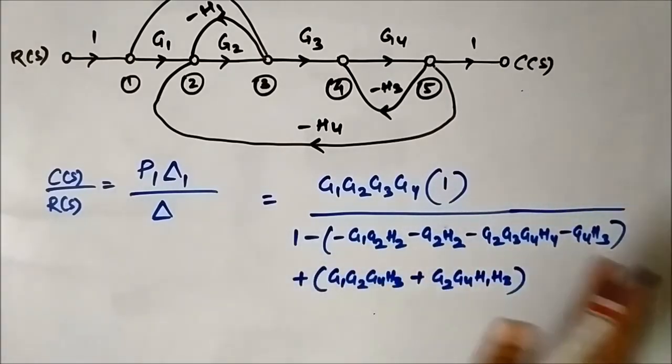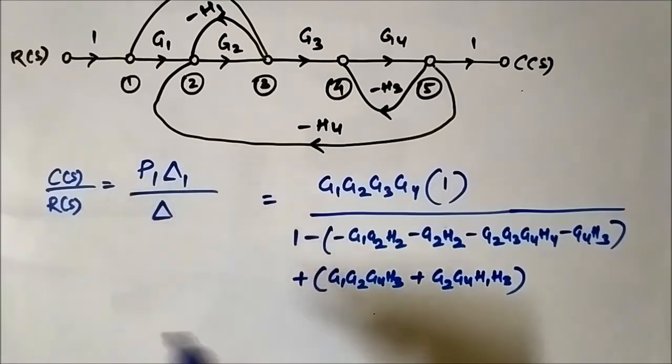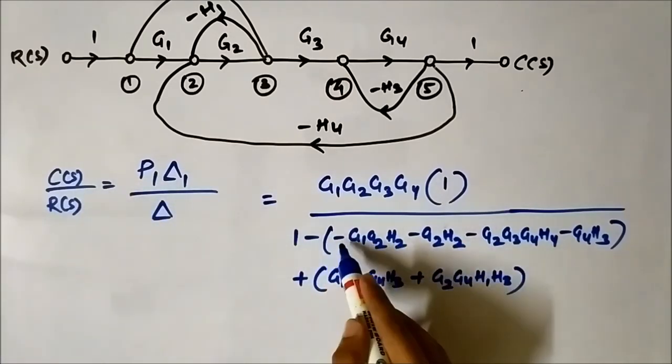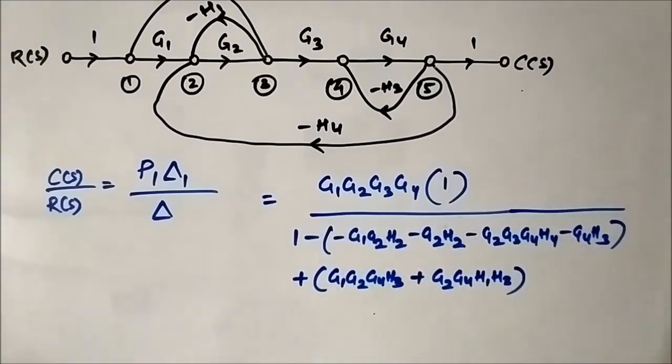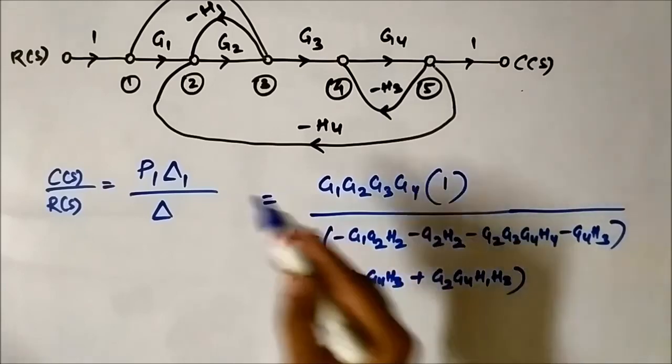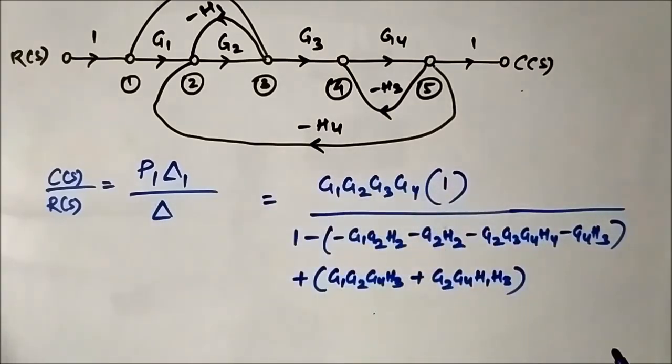This is the expression for the transfer function. Now you can open this bracket, all the minus terms will become plus, because minus into minus is plus. You can write it down and simplify it further. This is how we determine the transfer function of the given system represented by the signal flow graph.